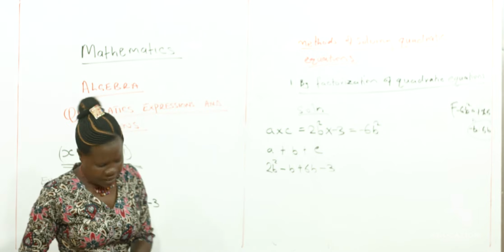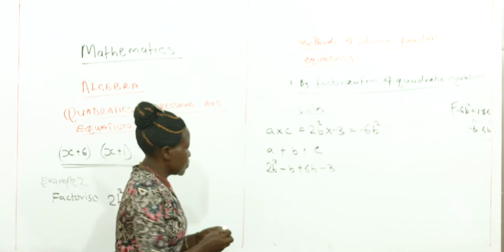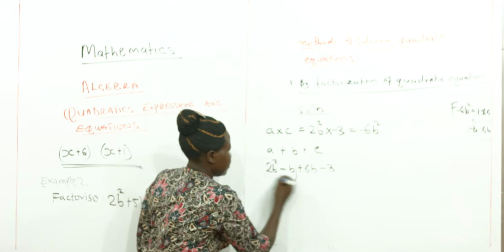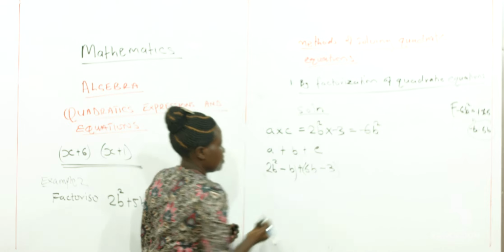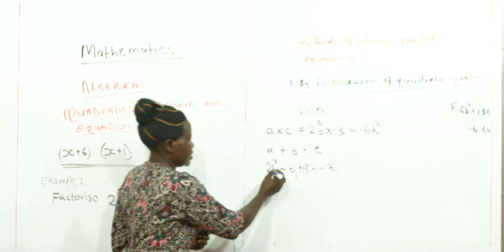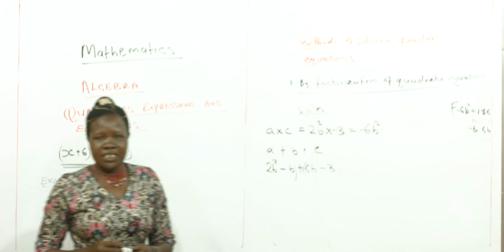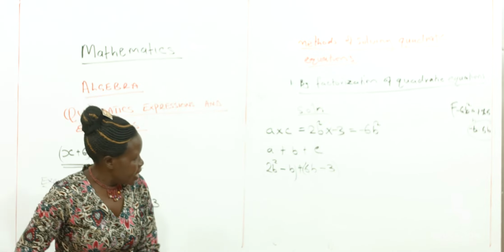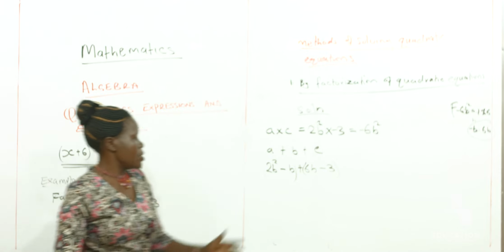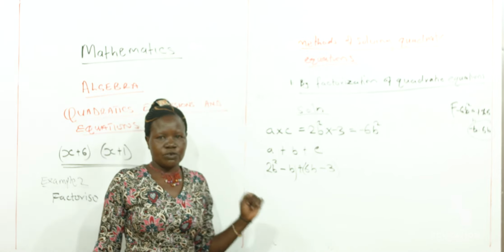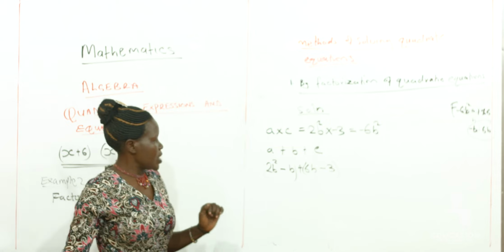So dear learners, up to this level, you will be able to pair them up and then get the factors. I hope we are going to pick up from where we have stopped.